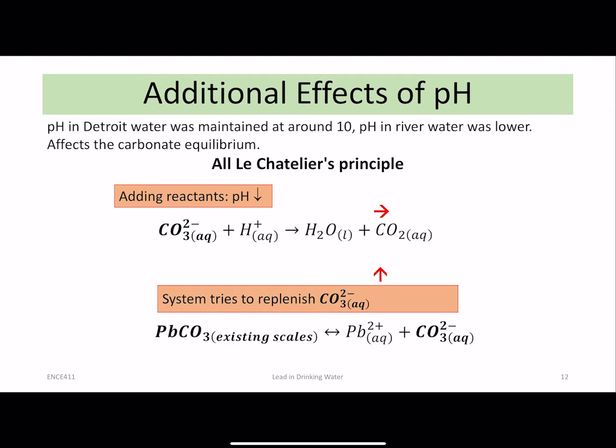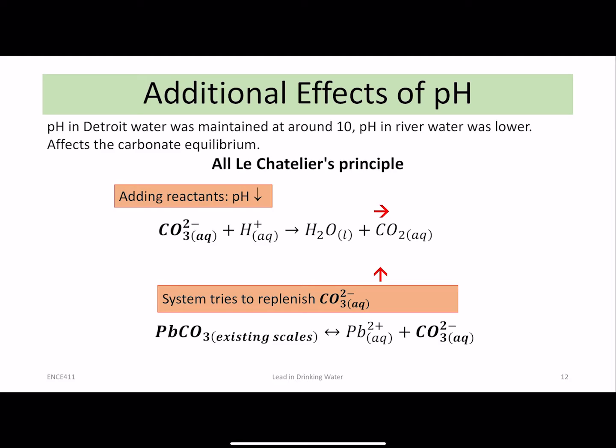So because of the Le Chatelier principle, if this is going to increase, the equilibrium wants to deplete this excess of protons, and it's going to form more of these products. It's going to consume the carbonate. So the carbonate can react with lead in the water and form a solid. This is part of the scale. This is part of the passivation layer in the pipes.